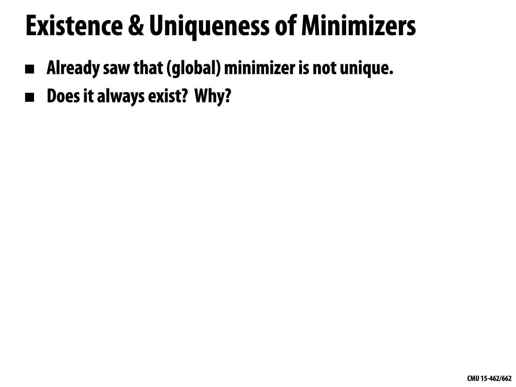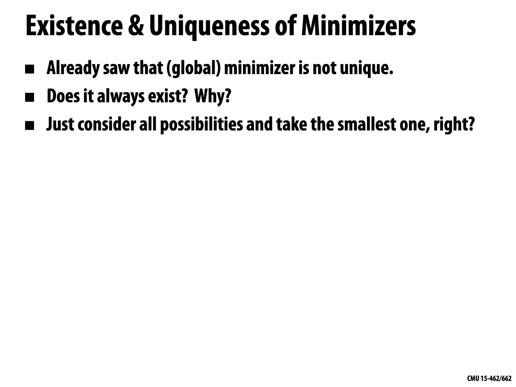Does this sound like a crazy question? If you go back to this point of view of discrete optimization, you could say, well, of course, right? Just consider all the possibilities and take the smallest one. How could it be that there's not a global minimizer?